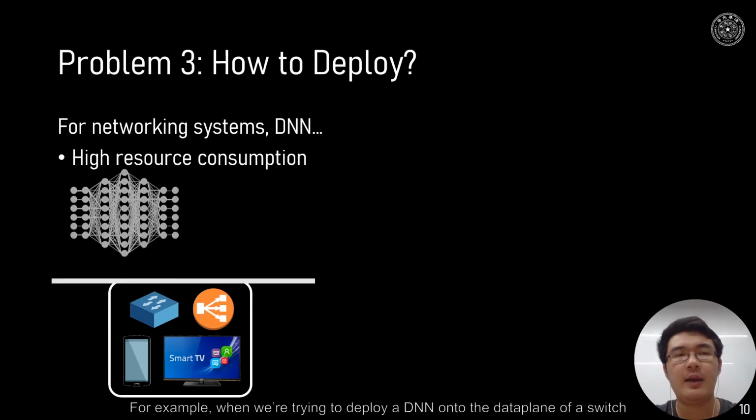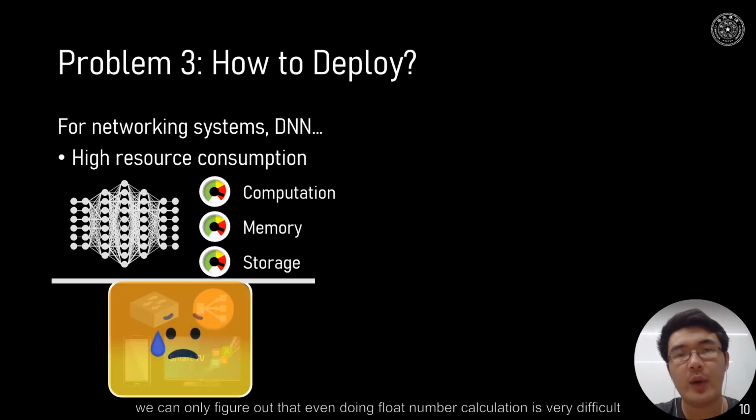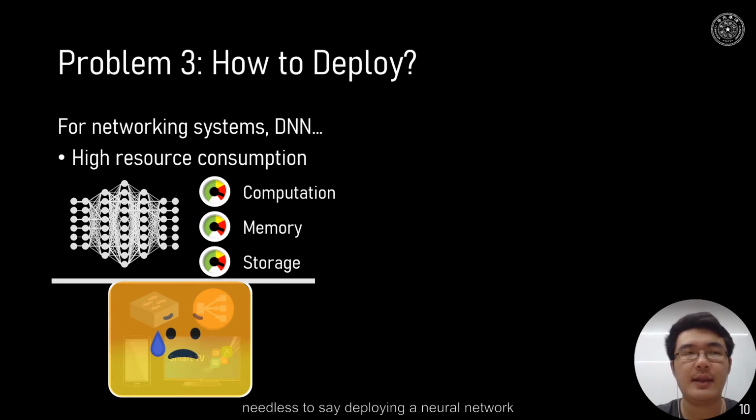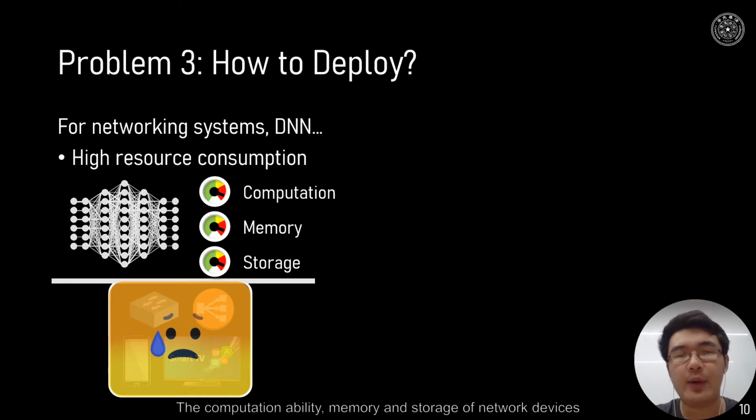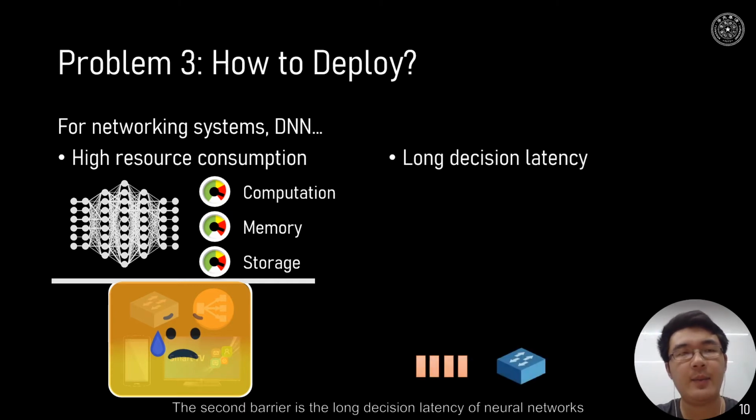For example, when we are trying to deploy a DNN onto a data plane of a switch, we can only figure out that even doing flow number calculation is very difficult. Needless to say, deploying a neural network, the computation ability, memory, and storage of network devices do not match the need of deep learning. The second barrier is the long decision latency of neural networks.